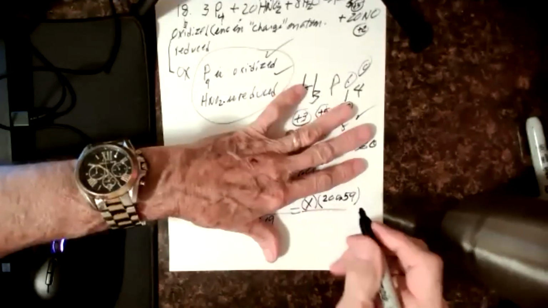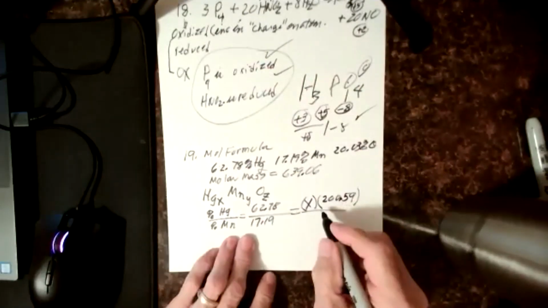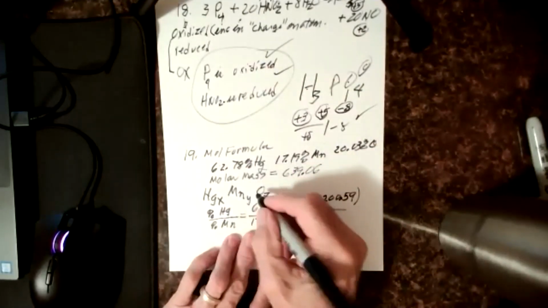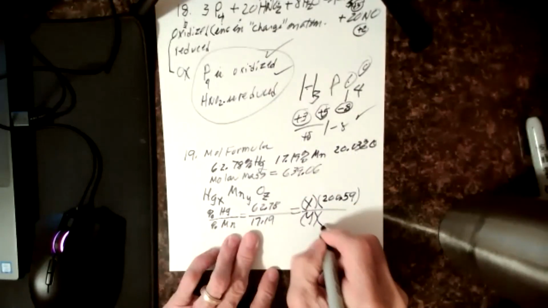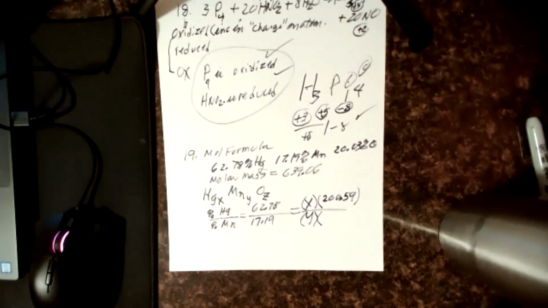Now, how much manganese do we have? Well, the manganese in the formula is Y, and the molecular weight of manganese, I remember chromium, don't remember manganese. 54.938.